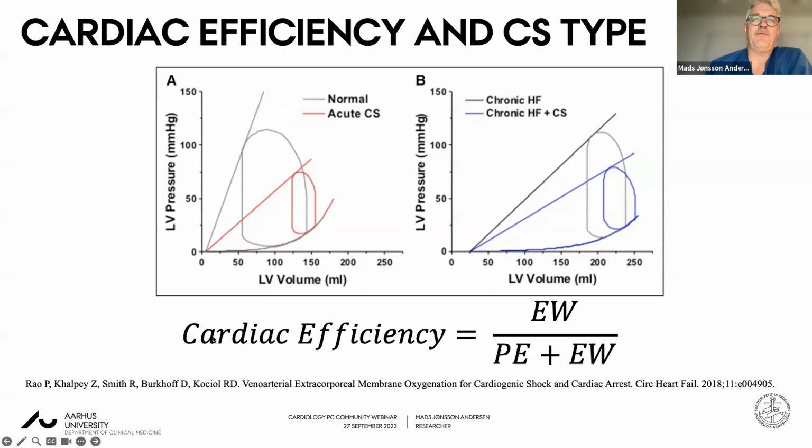That means that the cardiac efficiency, which, if you recall from earlier, is the ratio between the stroke work, which is within the pressure volume loop, compared with the whole pressure volume area, is lower in chronic heart failure. And this could be one explanation why cardiac power performs less well in cardiogenic shock associated with heart failure.